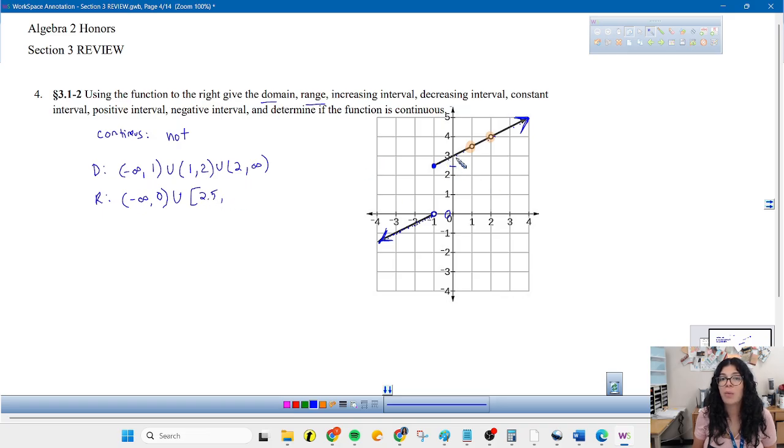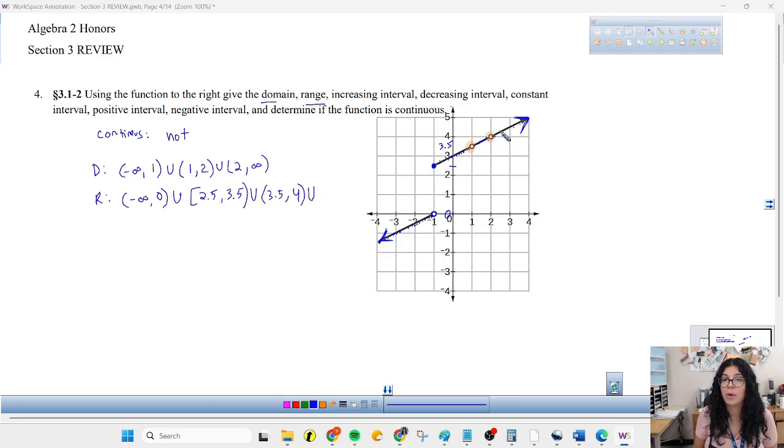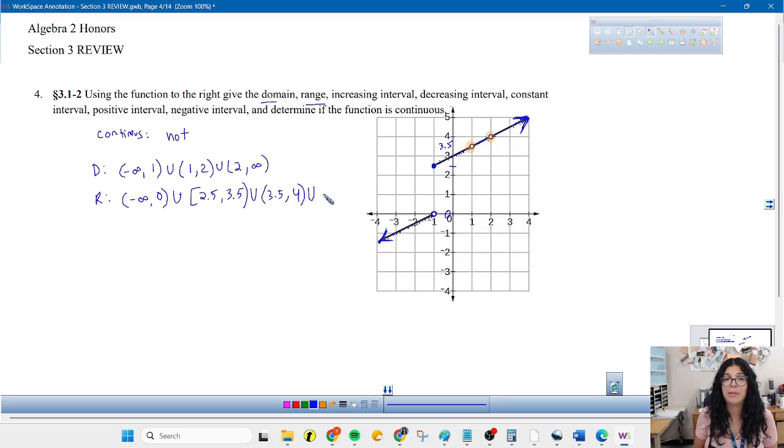And then I have all of these points which have y value 3, y value 3.1, y value 3.2, y value 3.3, all the way up to, but not including 3.5. And then we pick back up again right after 3.5, all the way till 4, but not including 4. And then from 4, we pick back up with points all the way up till arrows at the top, infinity.